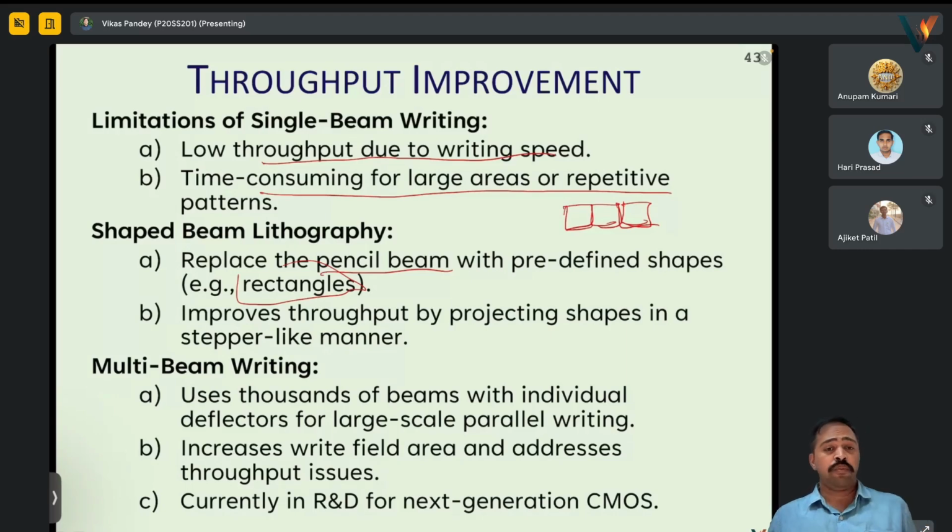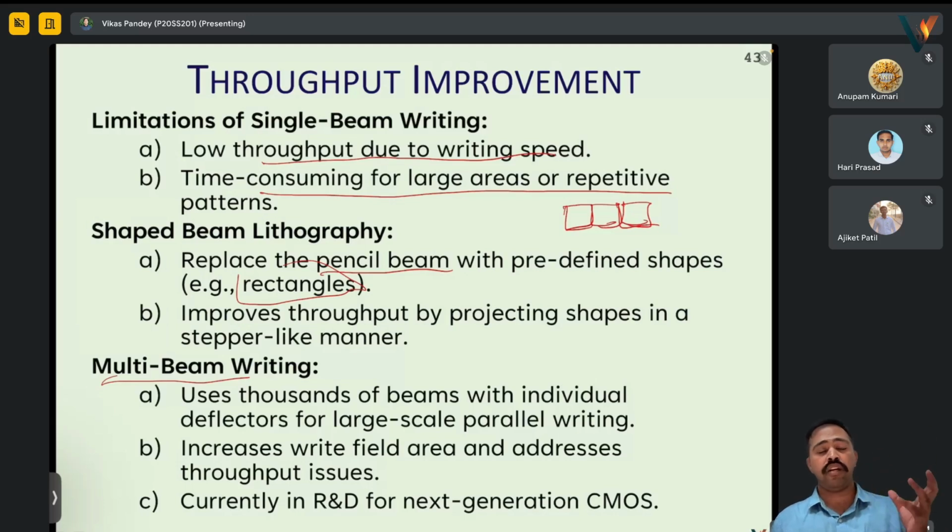The second option is multi-beam writing, where thousands of beams with different deflectors are used, and parallelly we are exposing one area using different electron beams. That will increase the field area, because one big area is exposed at once, then another area, and here better control is also there. That is just like TV LEDs.